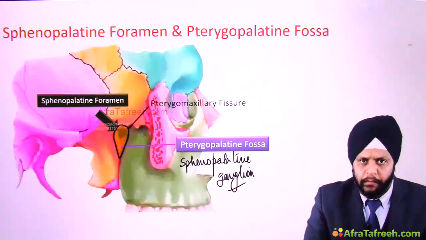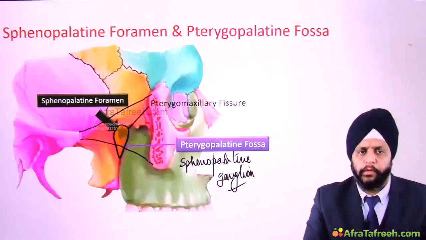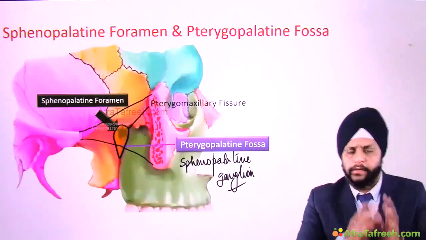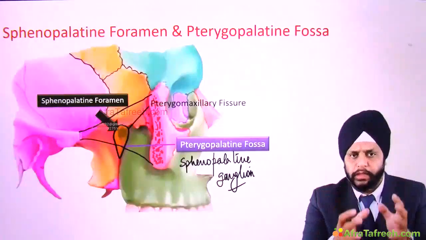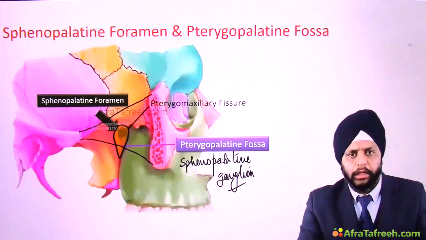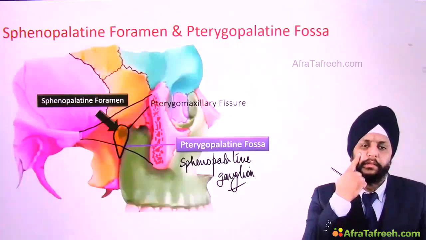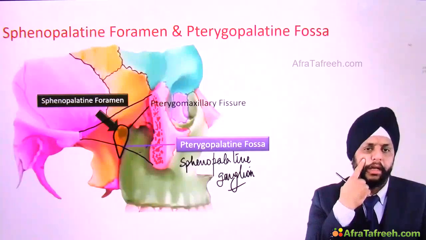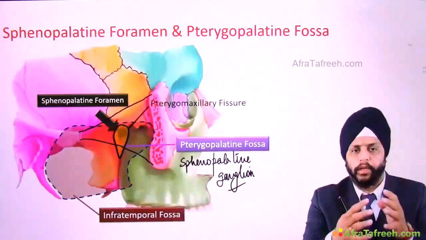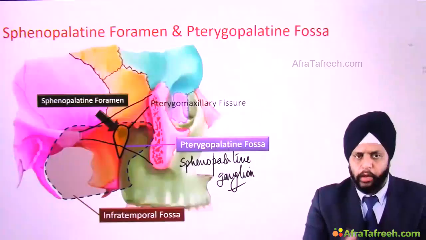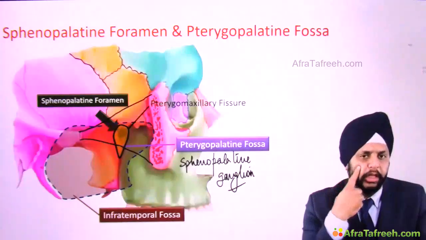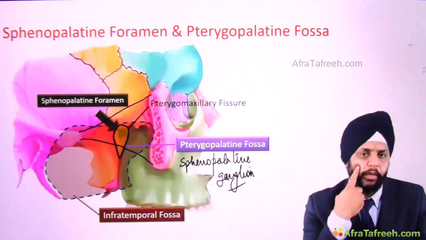I have cut this zygomatic bone from the zygomatic process of the temporal bone, removed to show you this fissure and the fossa. Now medial to this zygomatic bone we have the infratemporal fossa, right? So you come out and you come into the cheek, that is the infratemporal fossa.